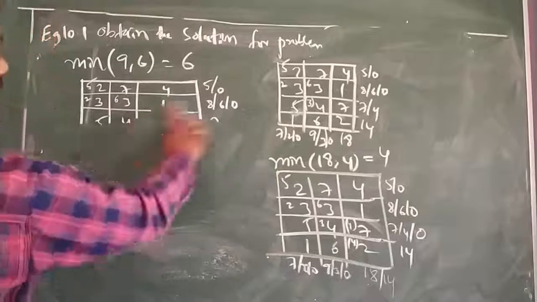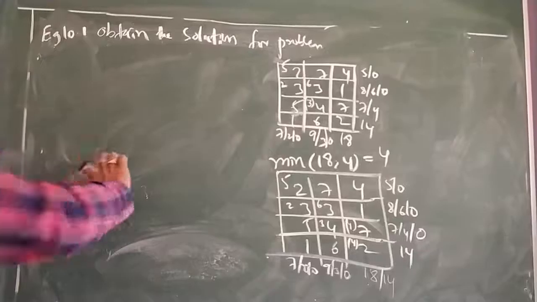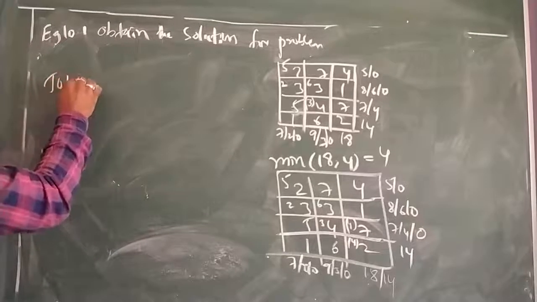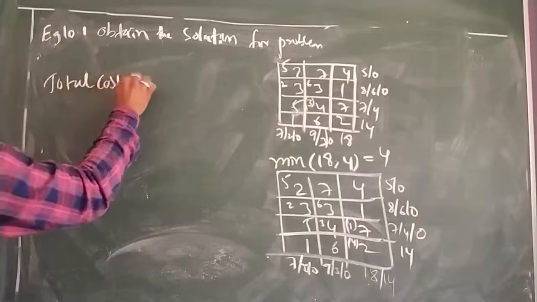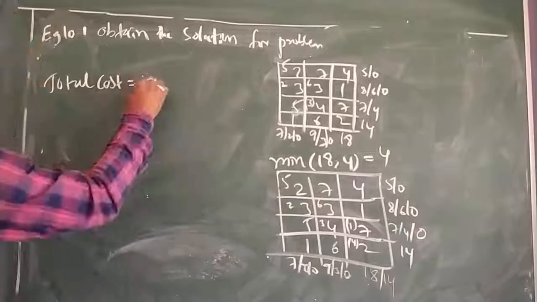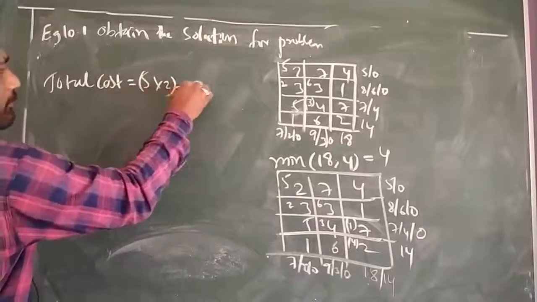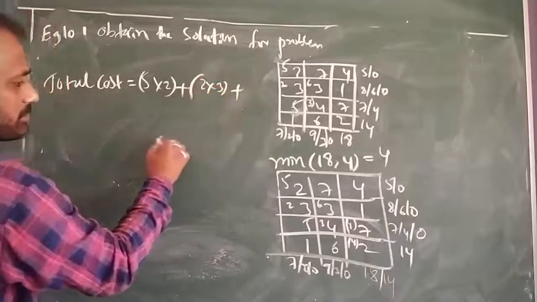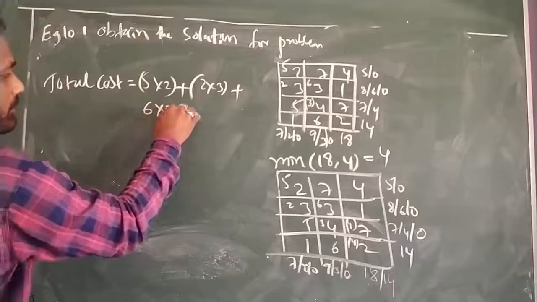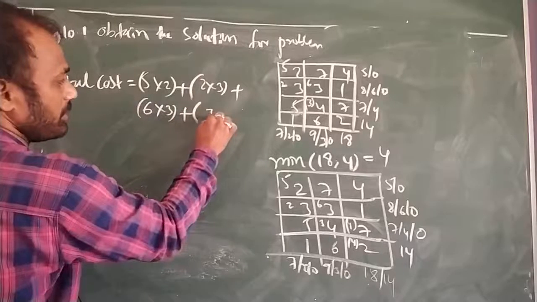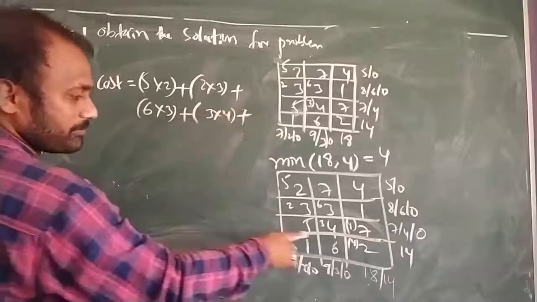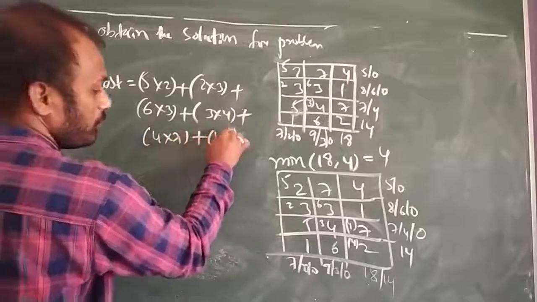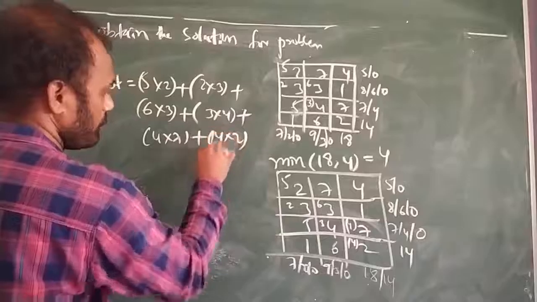So finally we have the reduced ones. So we can say total cost is equal to 5 into 2 plus 2 into 3 plus 6 into 3 plus 3 into 4 plus 4 into 7 plus 4 into 2, 14 into 2.